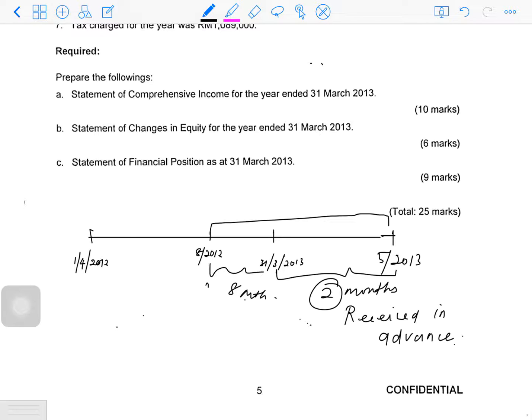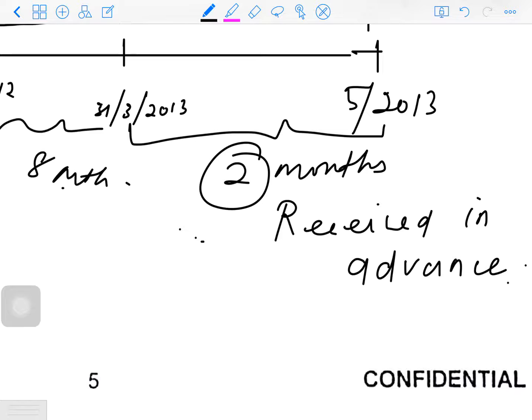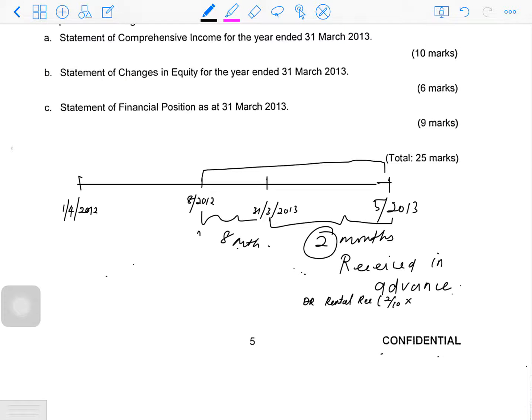The double entry is debit this rental receive, keluarkan rental receive ni. How much? Should be 2 months out of 10 months. 2 out of 10 times how much you receive rental.